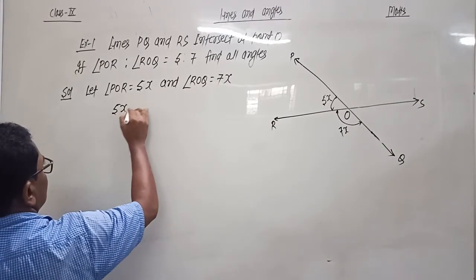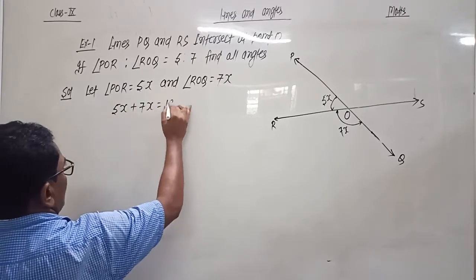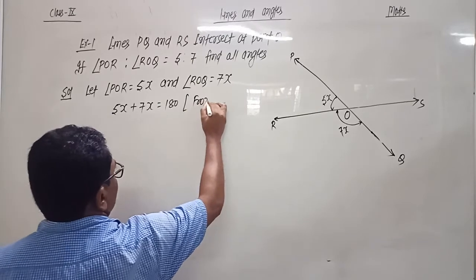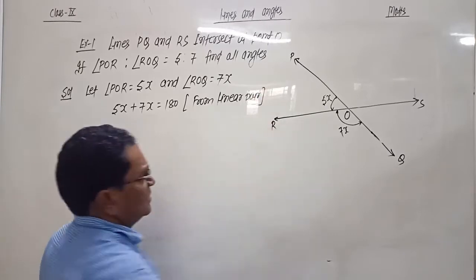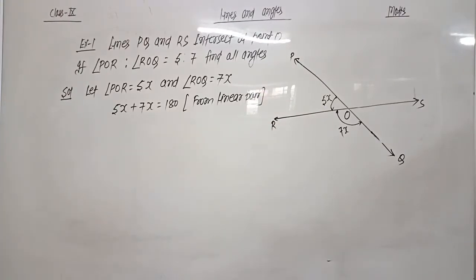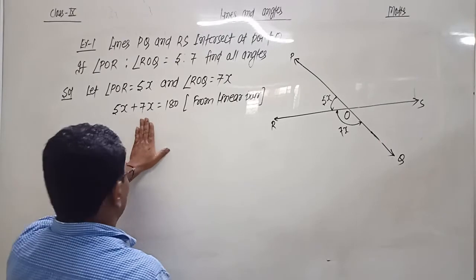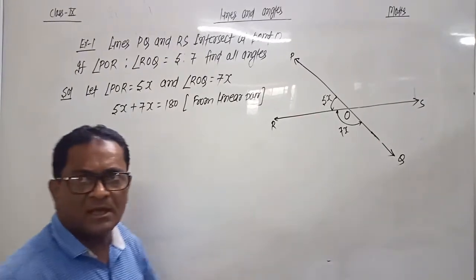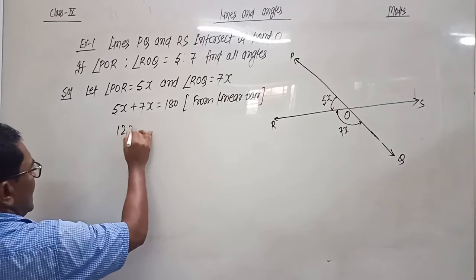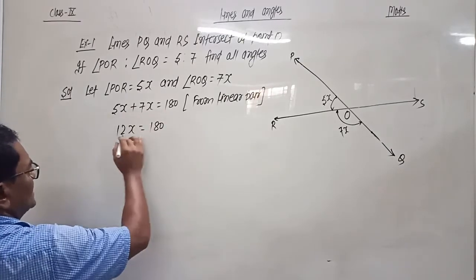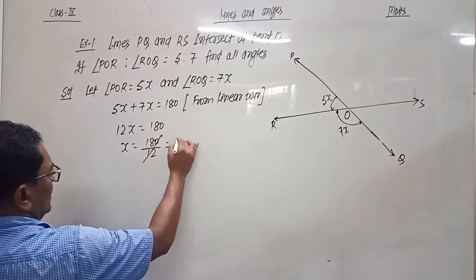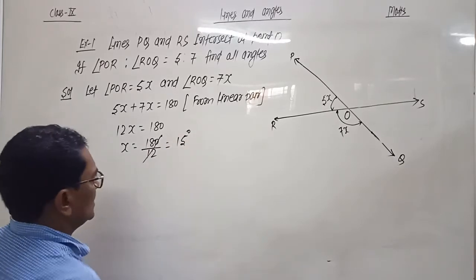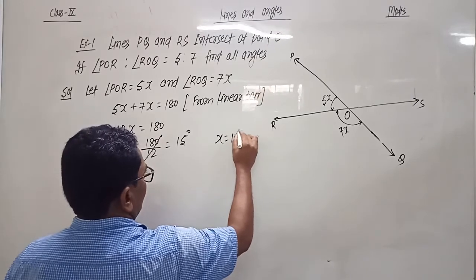So 5x plus 7x equals 180 degrees. And 12x equals 180 degrees, 5 plus 7, 12, and x equals 180 upon 12, we get 15 degrees. So the value of x comes to be 15 degrees.